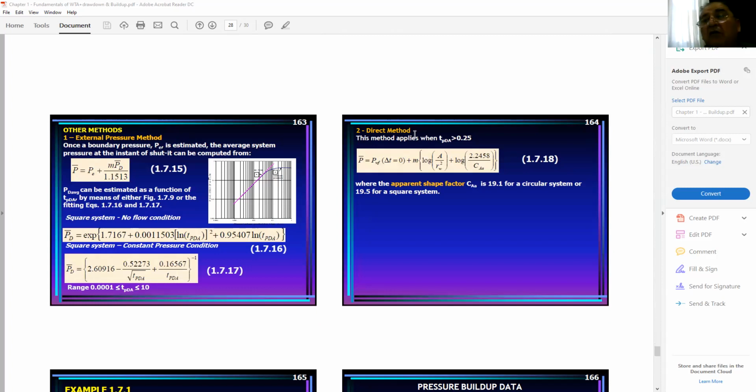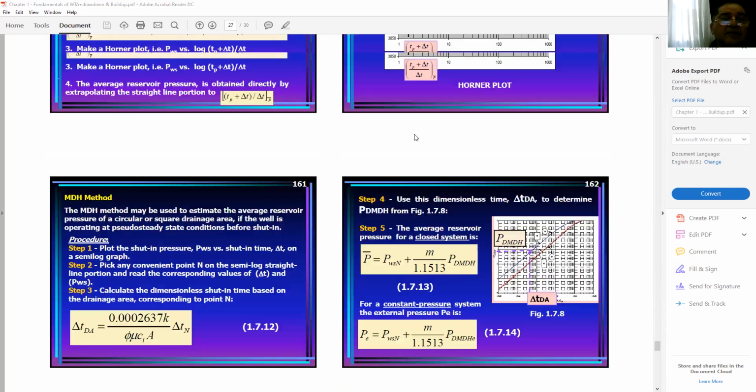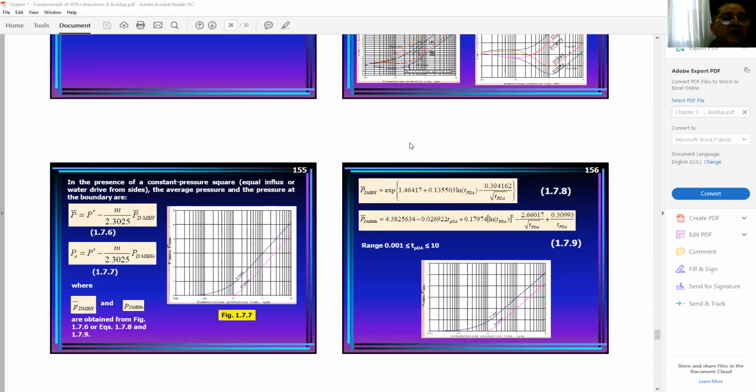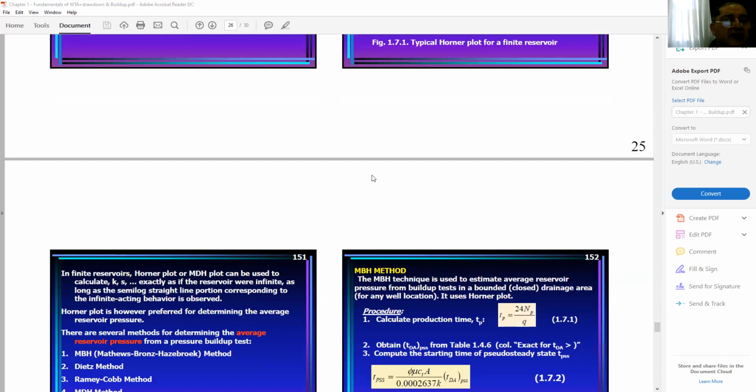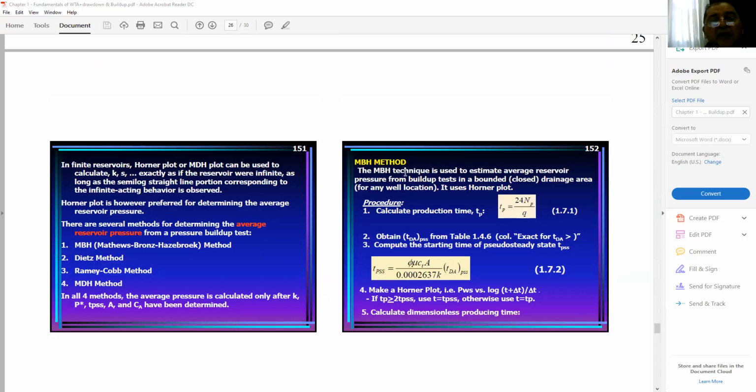So basically, we have four main techniques to calculate average reservoir pressure using a pressure build-up test, and we do have two other techniques. They are not very well known. The first one is the external pressure method, and the second one is the direct method. Let us start with the first one, that is MBH, or Matthews-Brons-Hazebroek.